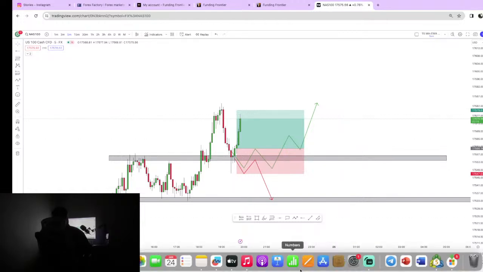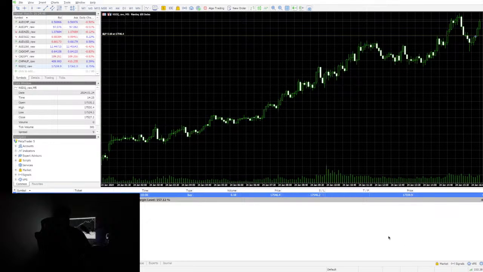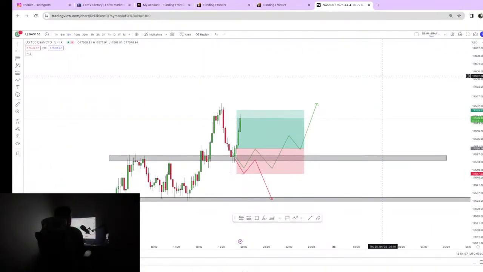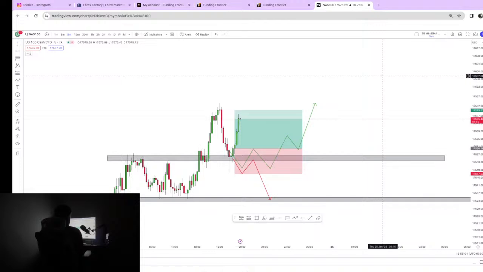So this is our first trade running for the day. Current position. Today is a high impact news event, so things can be ugly. That's why I have already placed the stop loss at the entry price.